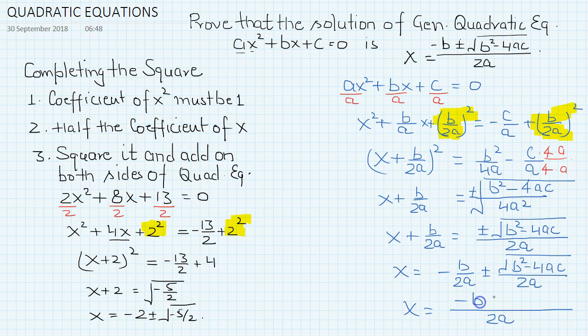This one is minus b plus minus root b square minus 4ac. And this is the formula for the solution of a quadratic equation.